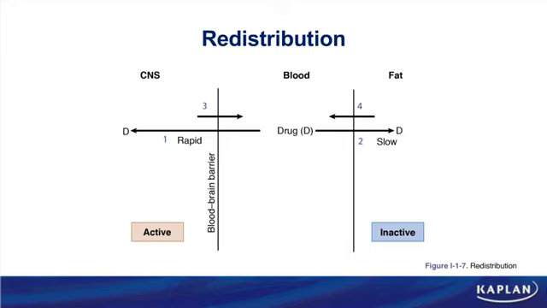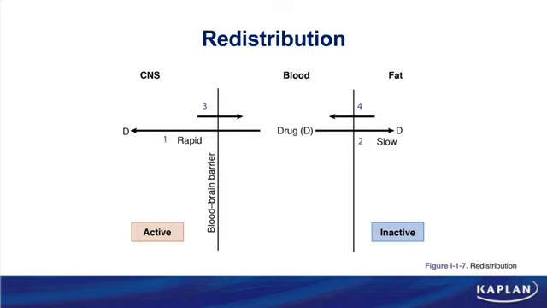Redistribution is illustrated in this figure. So if I administer a drug, and let's say that drug is thiopental, that's our example, the drug is going to go more rapidly into the CNS compared to the fat, even on initial distribution. Can you explain why?